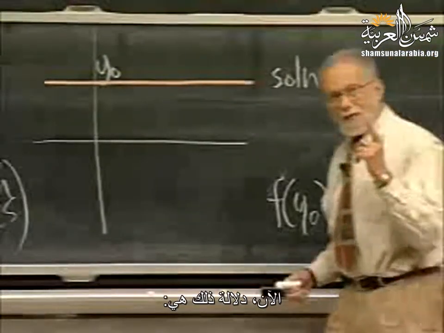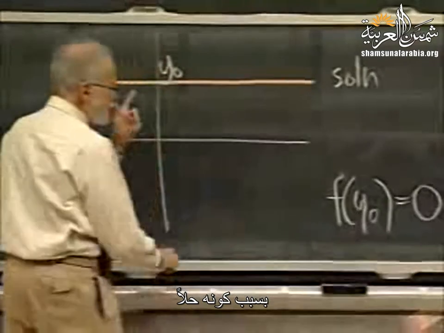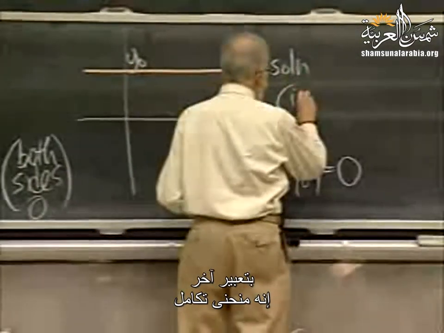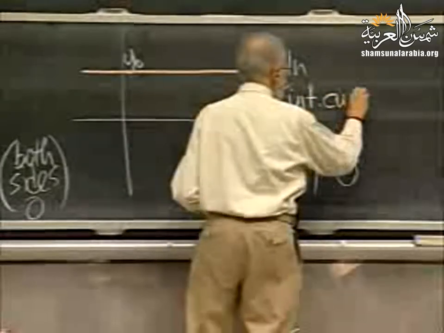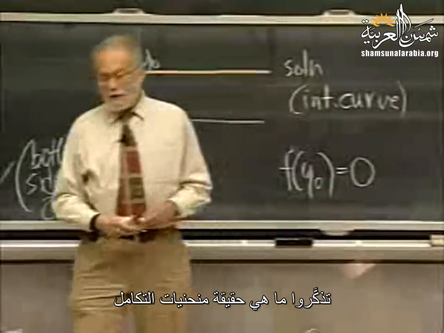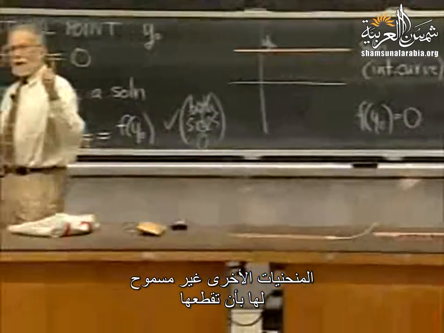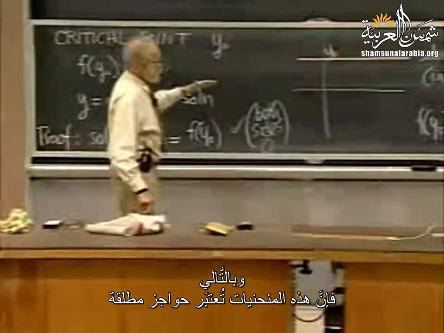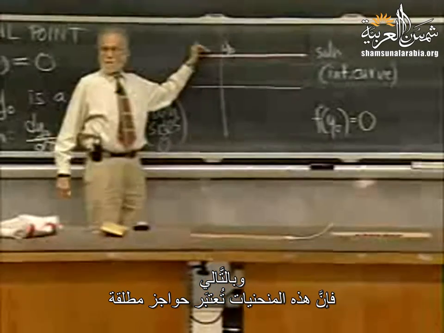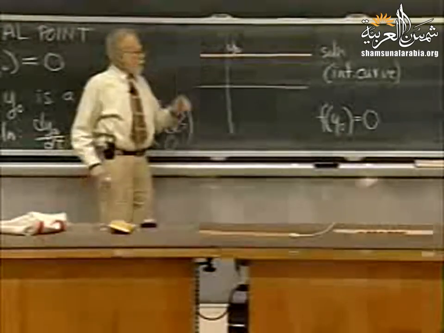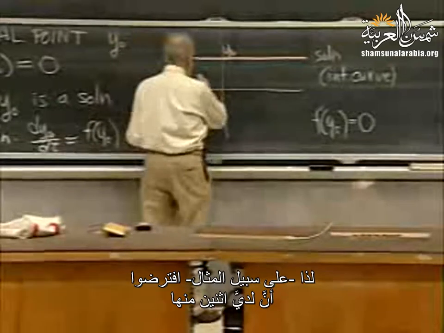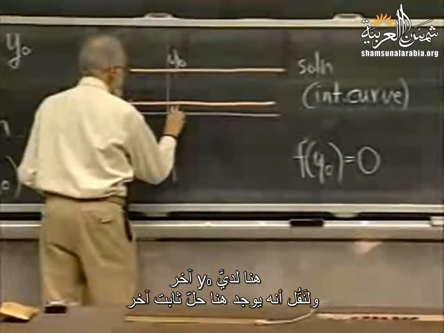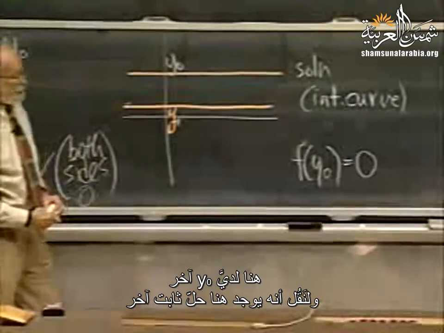Now, the significance of that is that because it's a solution, it's an integral curve. Remember what's true about integral curves: other curves are not allowed to cross them. And therefore, these things are absolute barriers. So, for example, suppose I have two of them. Here's y0, and here's another constant solution.